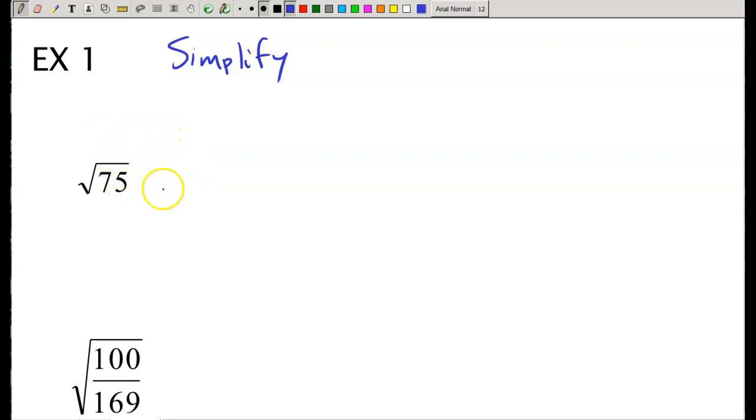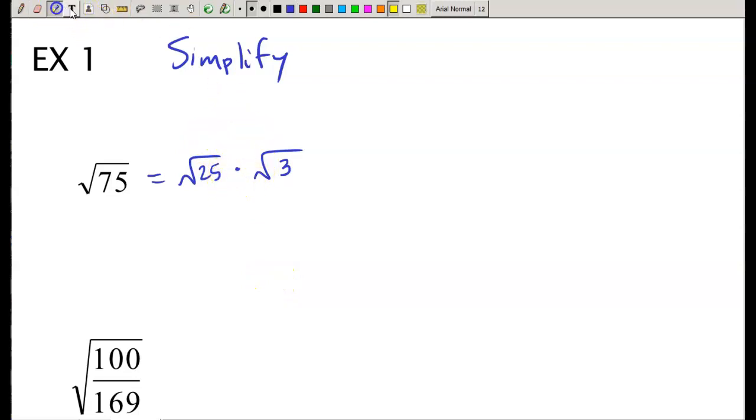So the square root of 75, what I'm trying to do here is I'm going to use the product property and break this up into two separate radicals, two things that multiply up to 75. Like for example, 25 times 3 multiplies up to 75. So I could write this as root 25 times root 3.